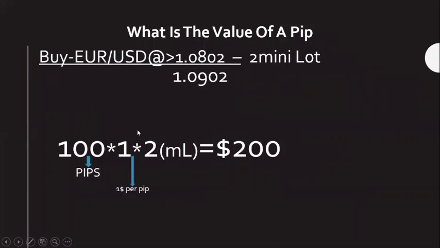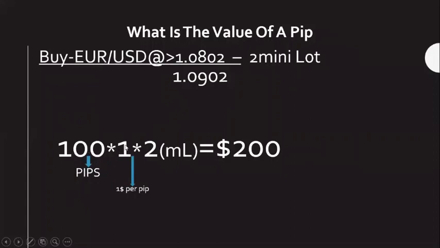And we knew that we made 100 pips profits, but we used 2 mini lot size. How much have we actually made? Since we already know that the value of 1 mini lot is $1 per pip. I explained it earlier. Check it, you see it. $1 per pip. So we're going to times this $1 times this 100 pips movement. What I'm actually saying here is that for every single pip, it's $1.